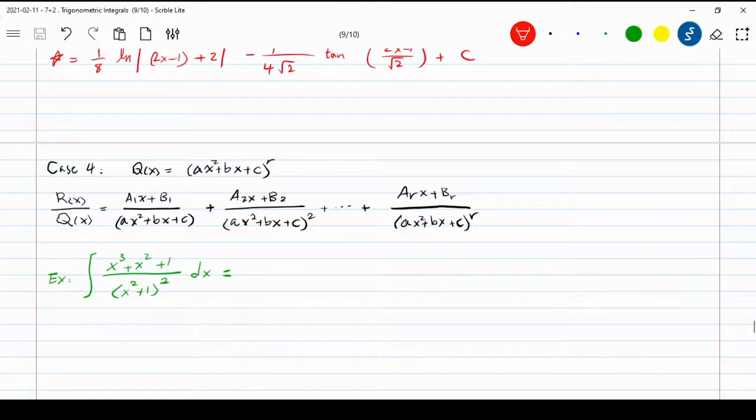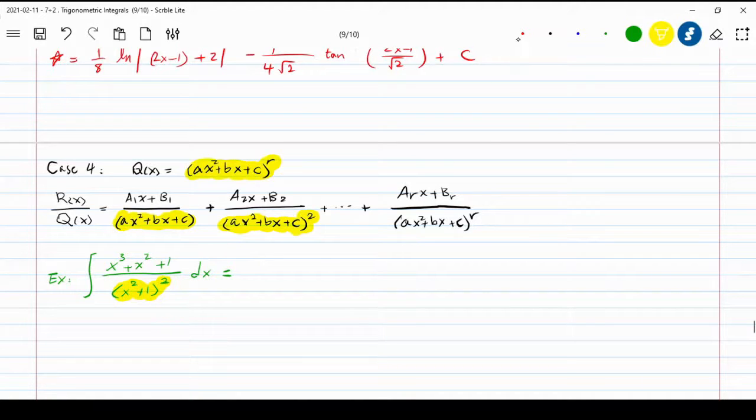So here is an example. As I say, if the denominator is quadratic with some power r, whatever that power is. In the example that I have, it is quadratic to the power 2. That means you need to consider all those cases where the denominator is simply quadratic, or quadratic to the second power, or quadratic to the third power, up to the given degree.